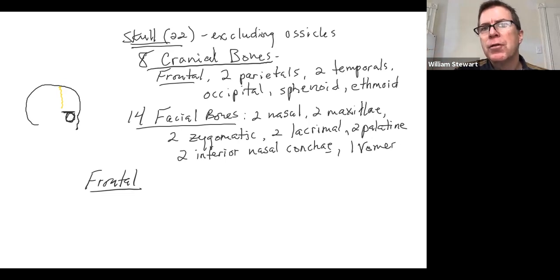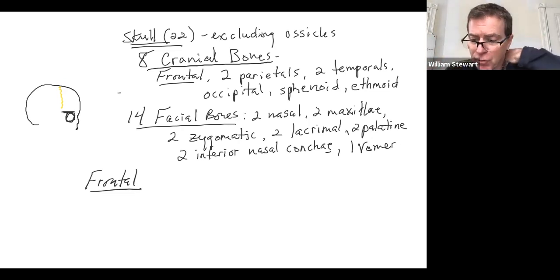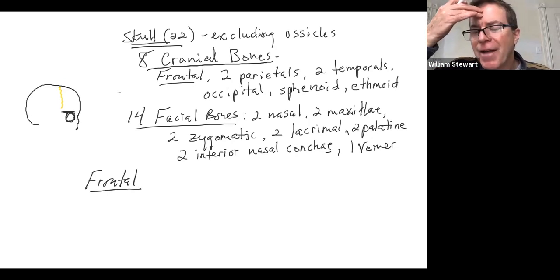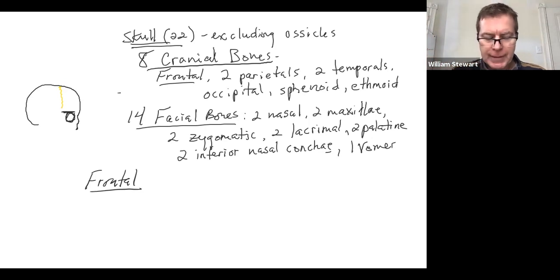Technically, we're born with two of those, a right and a left, okay? But those fuse together soon after birth to become one bone. That's why we consider it one bone. That suture is not visible where they fused after about age 7 or 8 years old.